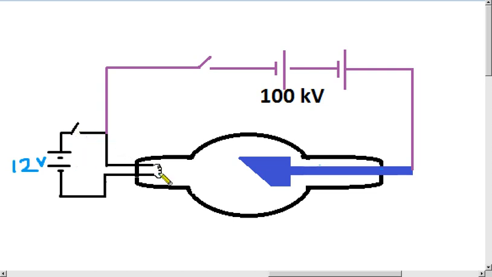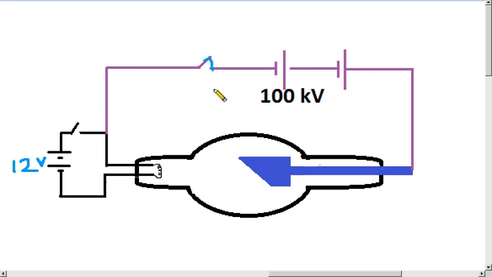There is a switch. When the switch is on, the current passes through these wires, and this filament is heated by the current, and this filament glows, emitting electrons. It lights up just like an electric bulb.